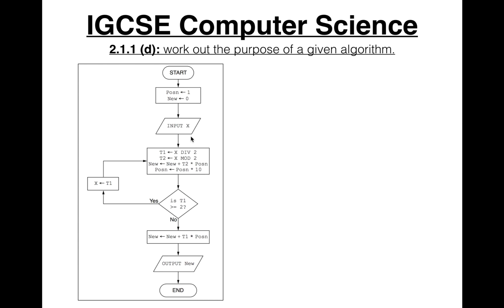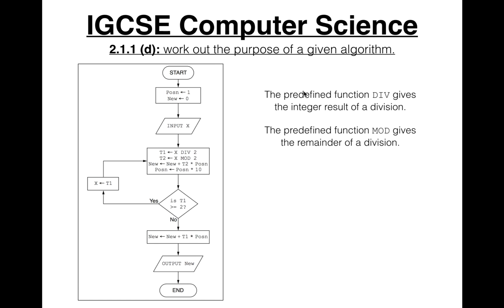In case you don't know what the div and mod functions do, div gives the integer result of a division, and mod gives the remainder of a division.